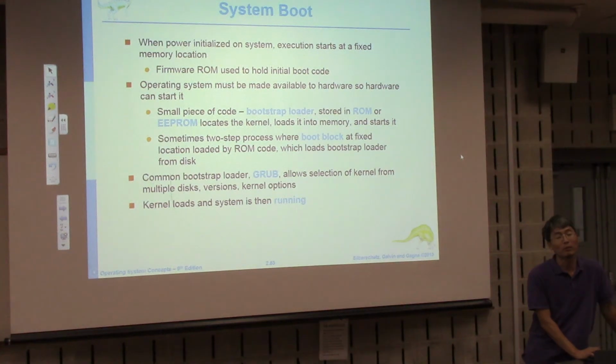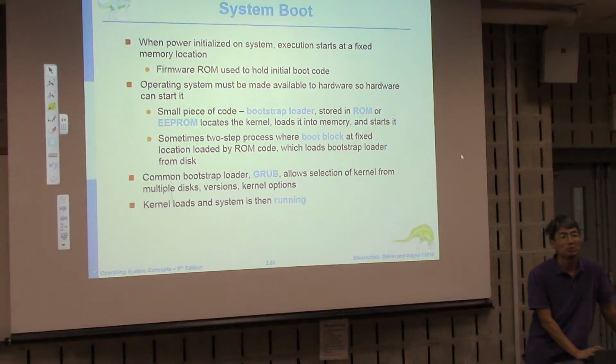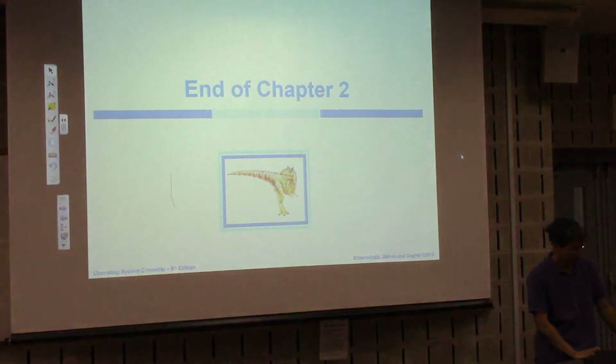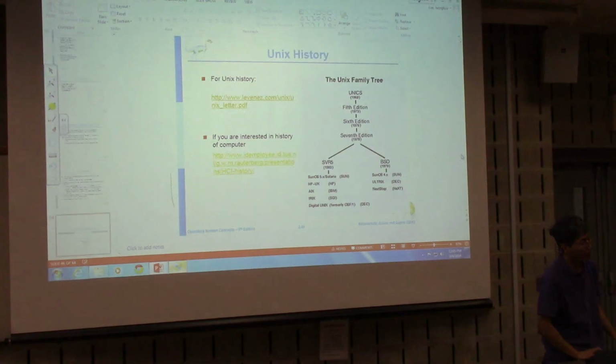But probably I'm not going to teach this course next semester if we have a new professor who is an expert on operating systems. Pretty much the new professor will take this one. Okay. So this is the end of chapter 2.